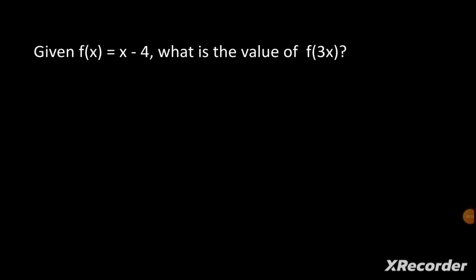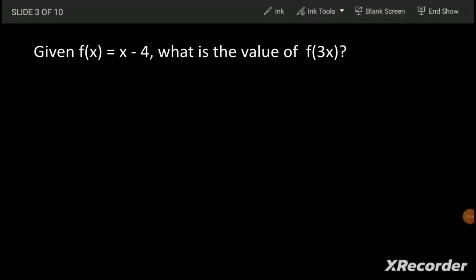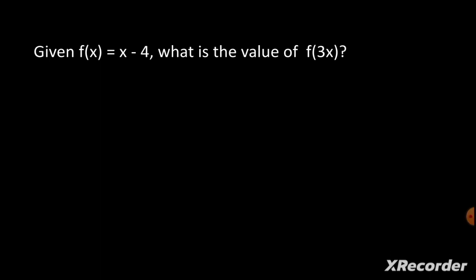Okay, for the next question, given f of x equals x minus 4, what is the value of f of 3x? Again, we are going to substitute x with 3x.